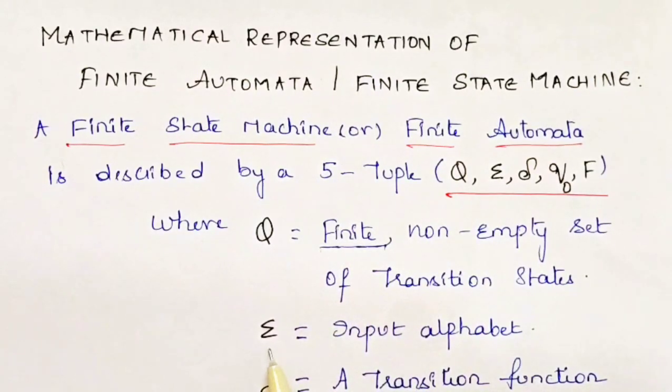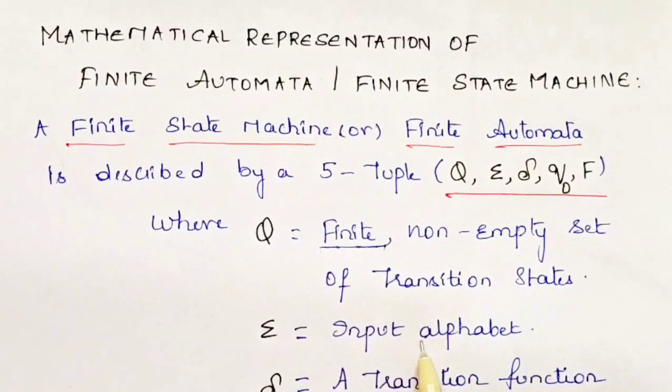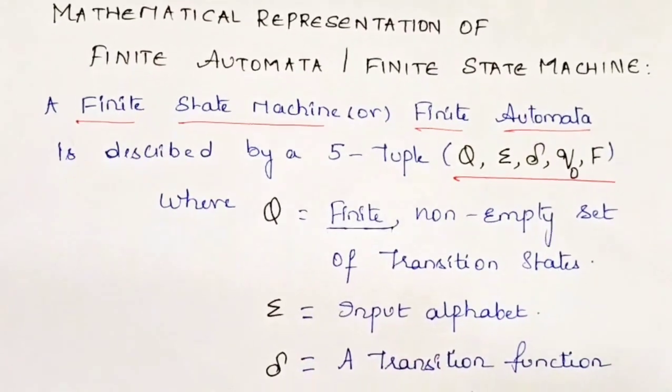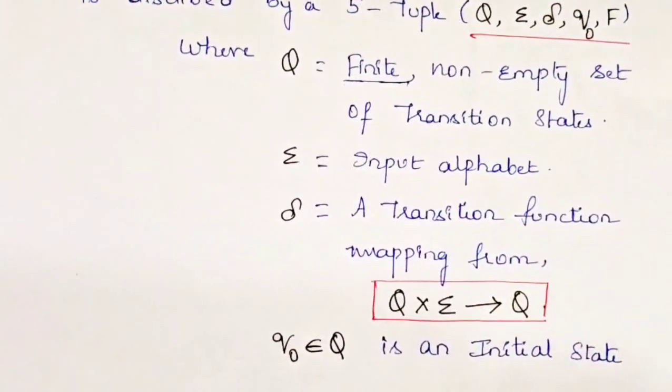And the next element is the input alphabet, sigma. The input alphabet is nothing but the number of input characters or symbols which are being processed as a string by the finite automata. And the next element is delta.